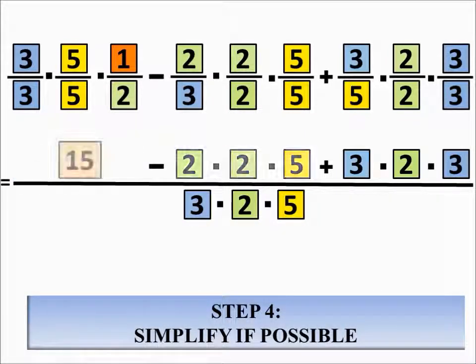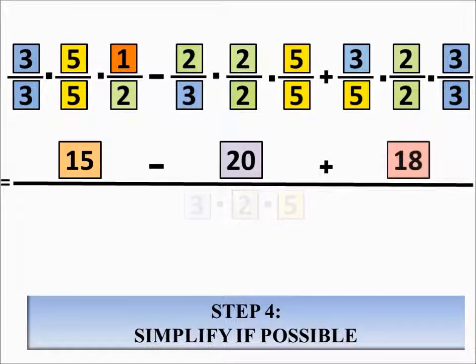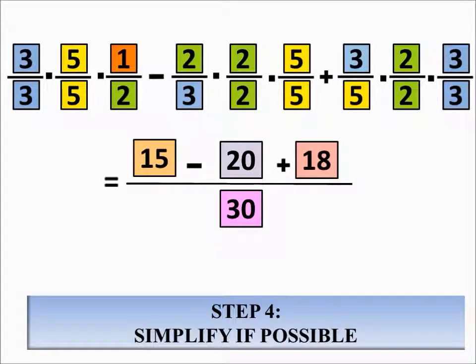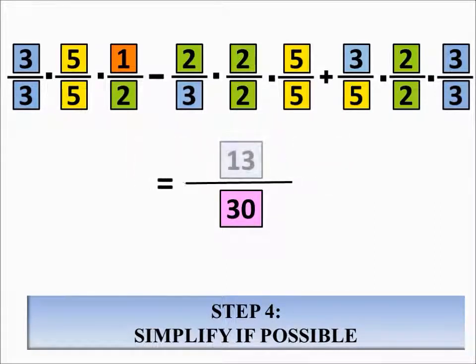First, we will finish the operations pending on the big numerator. And we will continue to simplify the numerator. In this way, we arrive to the given fraction, 13 divided by 30 in this example.